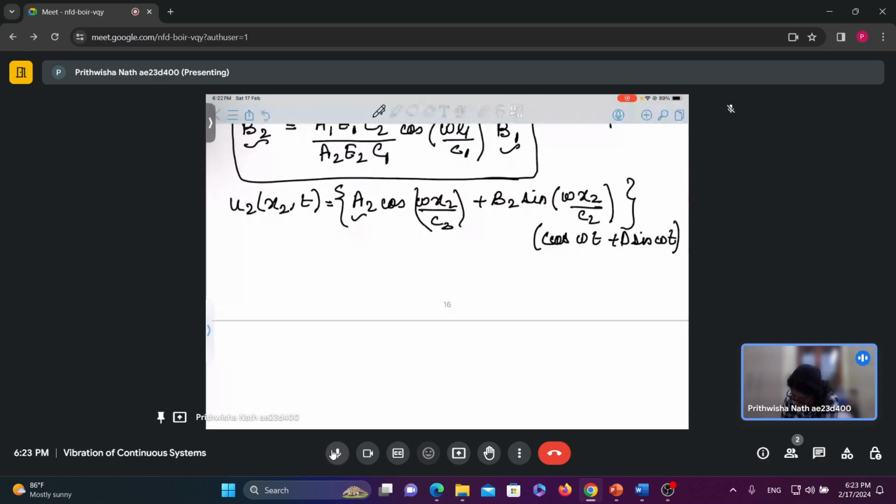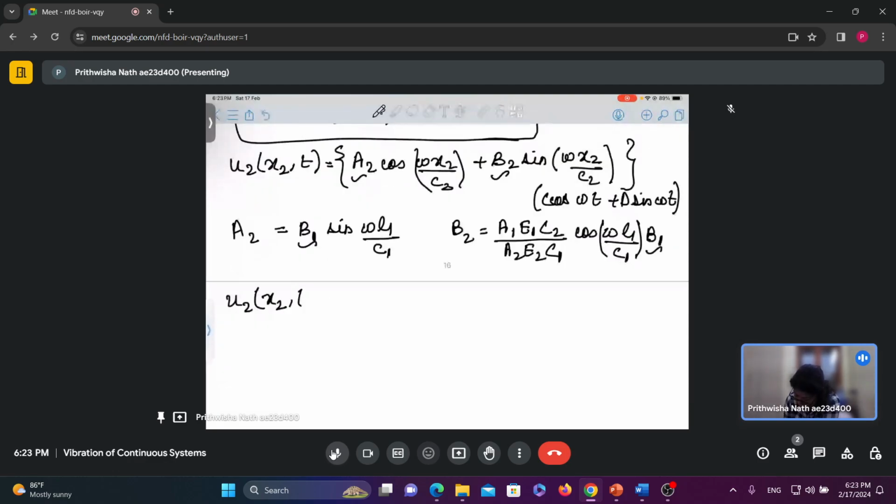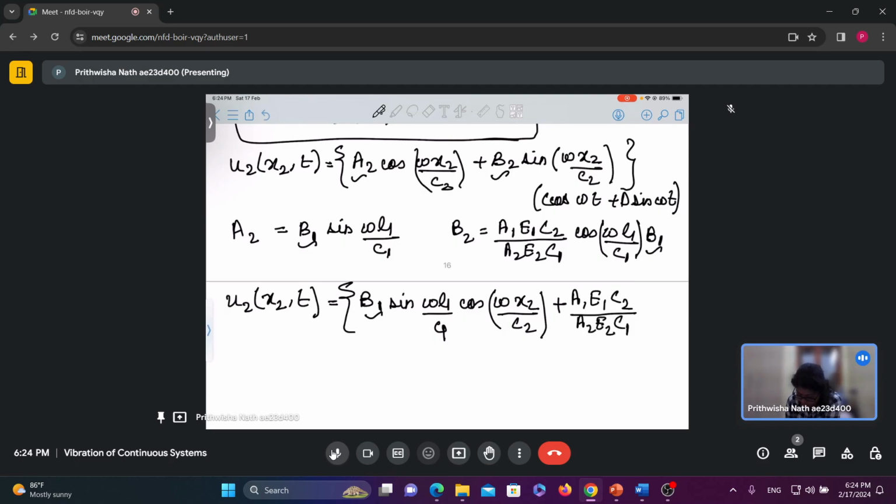So my U2's equation becomes sin(omega L1 by C1) cos(omega x2 by C2) plus, in place of this constant, I will substitute A1 E1 C2 divided by A2 E2 C1 cos(omega L1 by C1), into this.